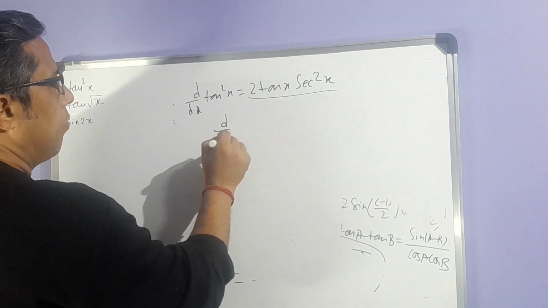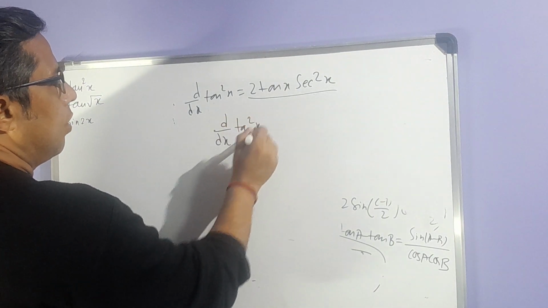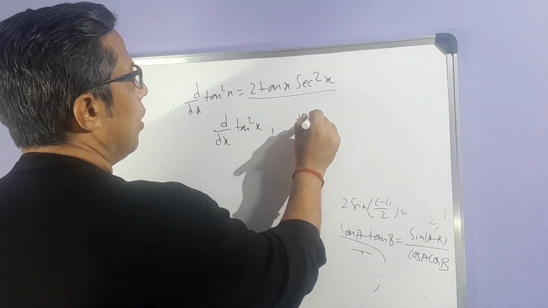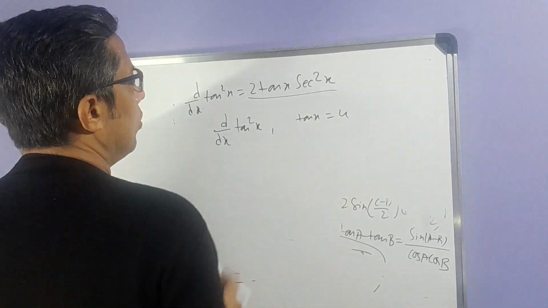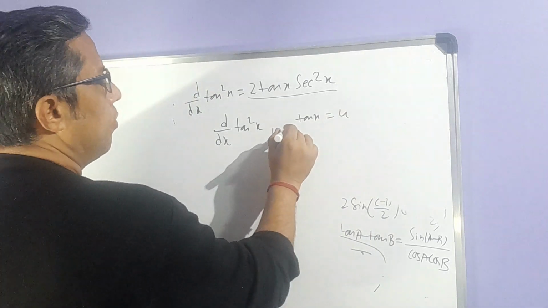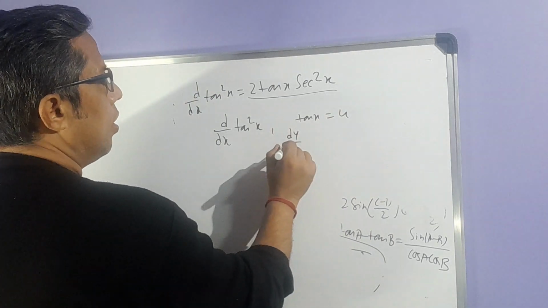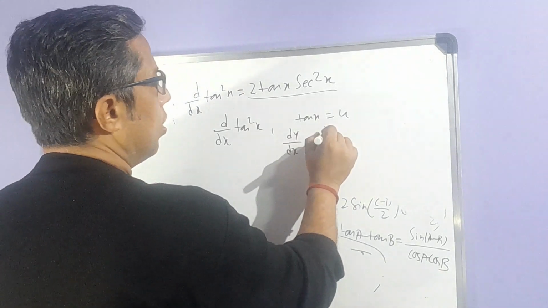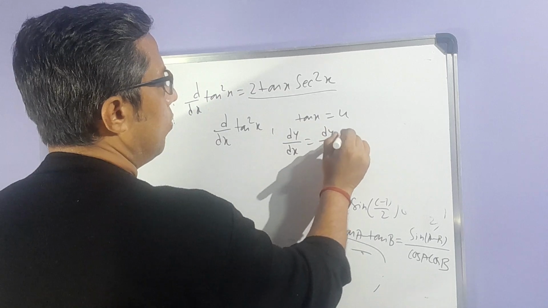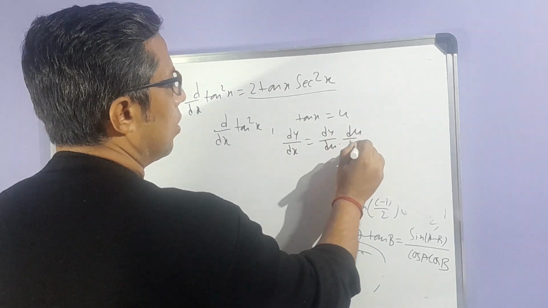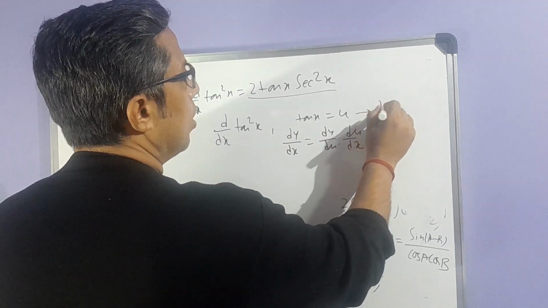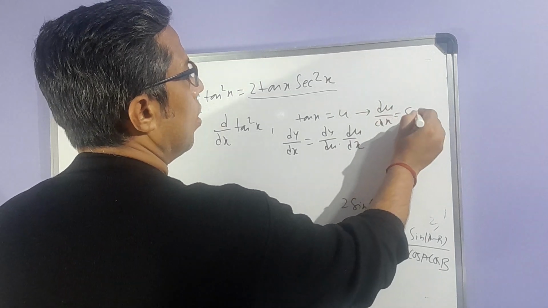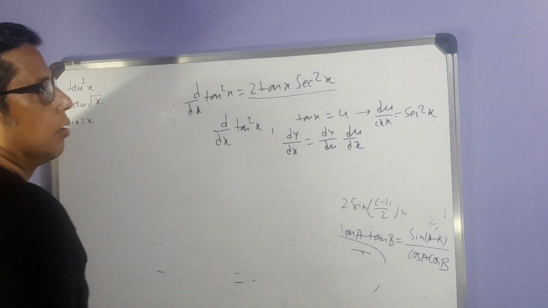So d dx of tan square x. What I am going to do? Let tan x is equal to u. So by this way, dy dx is equal to dy du into du dx. Here du dx is equal to sec square x.